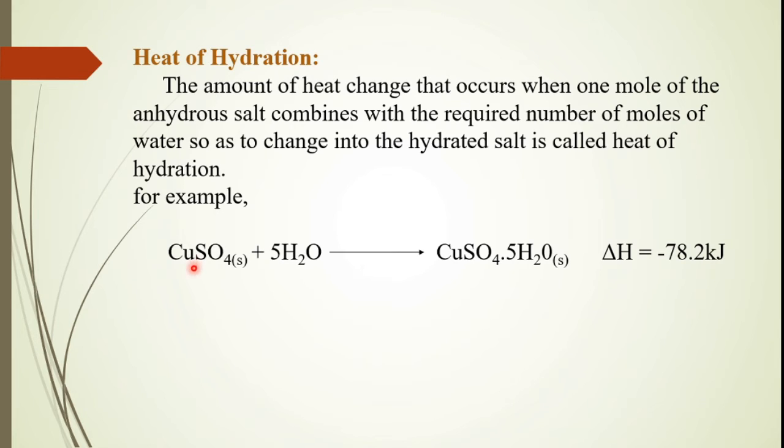So here we will take the example of copper sulfate. When copper sulfate reacts with 5 moles of water to form the hydrated form of copper sulfate, the heat released is equal to 78.2 kilojoule, and it is known as the heat of hydration.